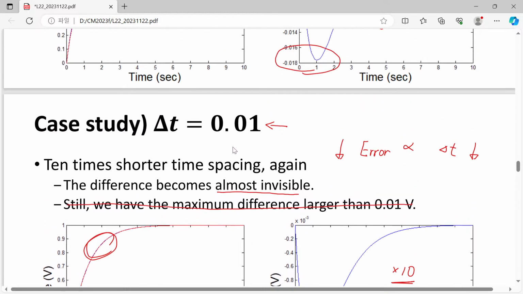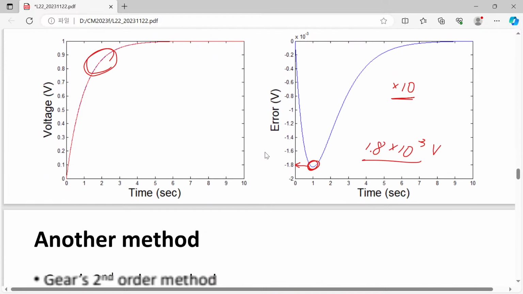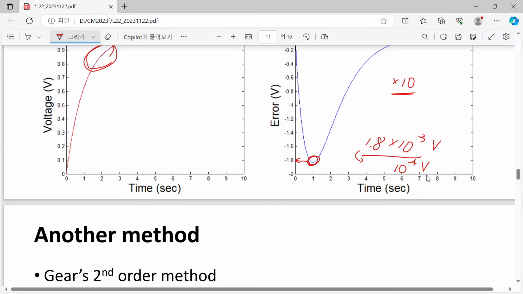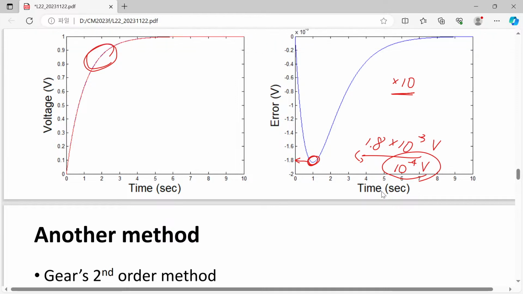It is your own exercise. Please try to simulate the same system with 10 times shorter time difference. Then what is your expectation about the error value? Maybe you will get another 10 times smaller value, 10 to the minus 4 volt. Okay, so this was the backward Euler.